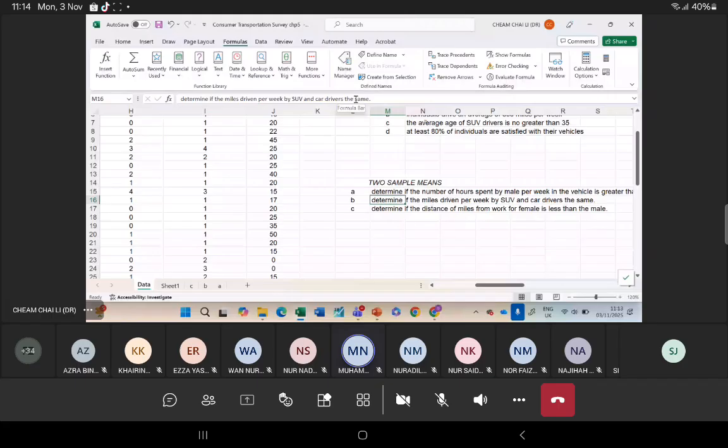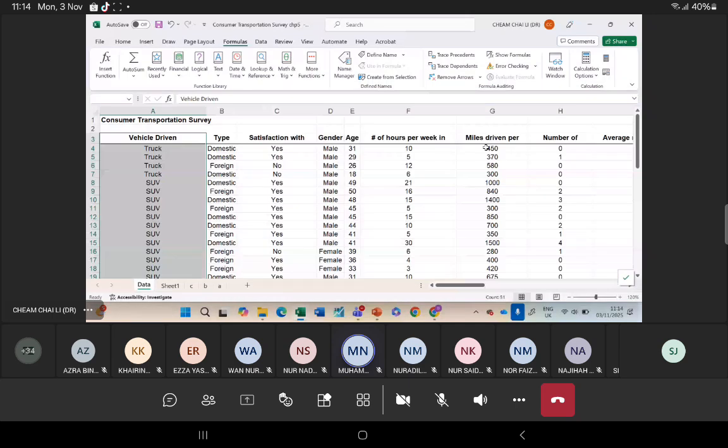So before you click on this miles driven per vehicle, you must press the control key. Press the control button or control key, and hold it. Then only you click on this one with your cursor, right? So it will newly select. That means both two columns are selected.